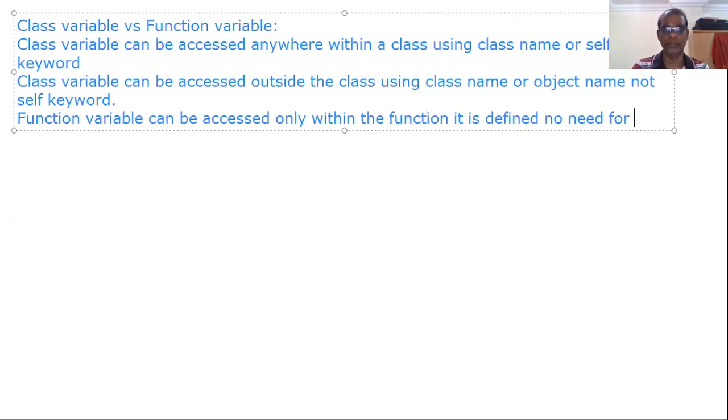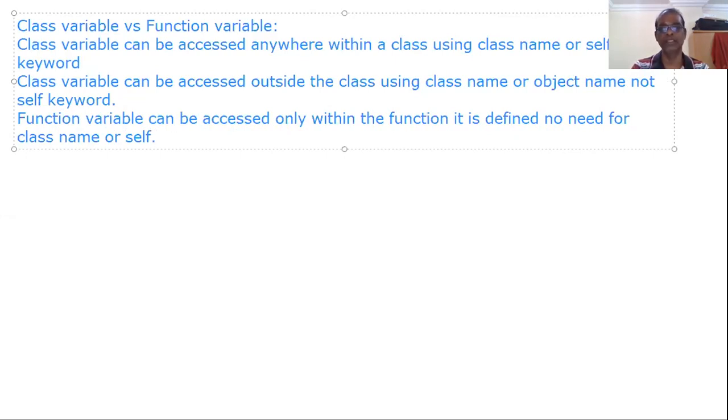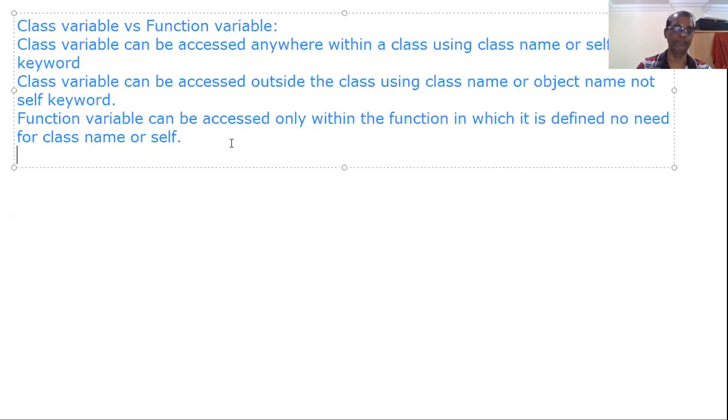No need for class name or self keyword. So a function variable can be accessed only within the function in which it is defined, with no need for class name or self keyword. That is function variable. That is what we studied in the previous lesson.